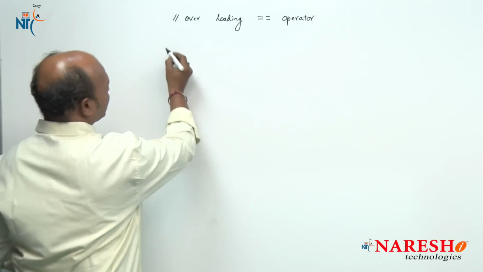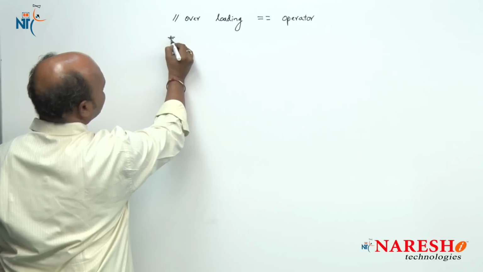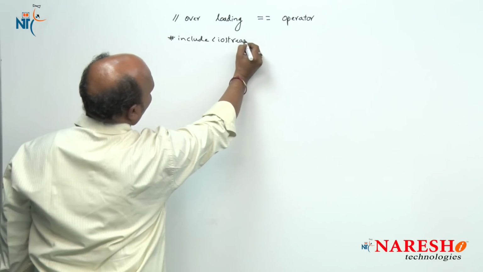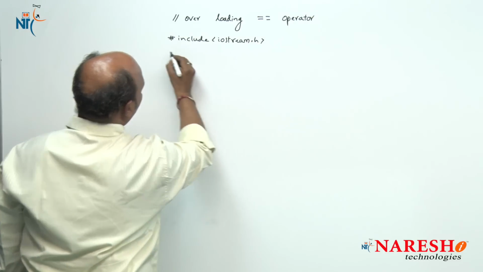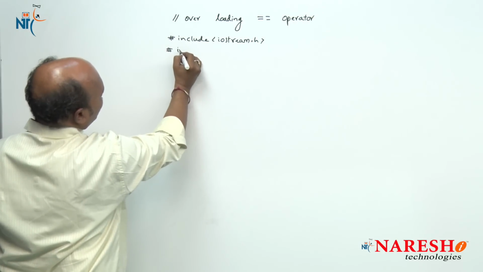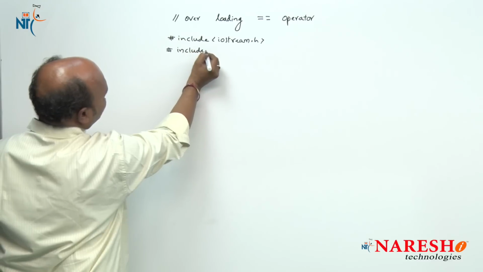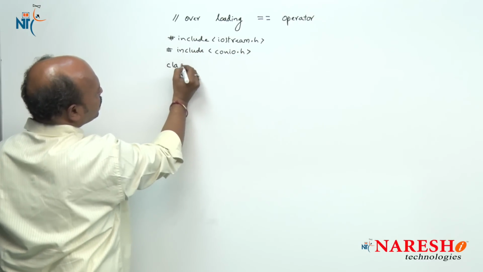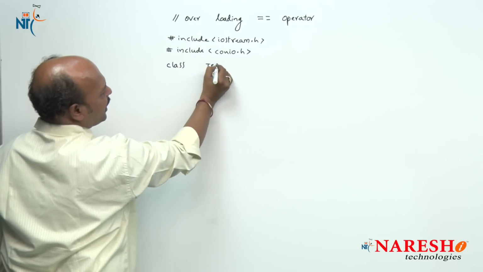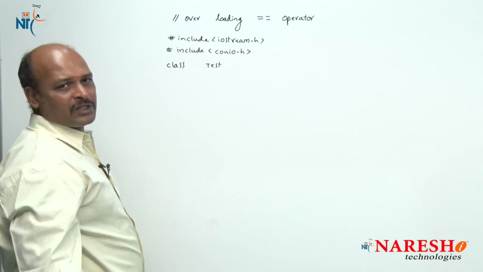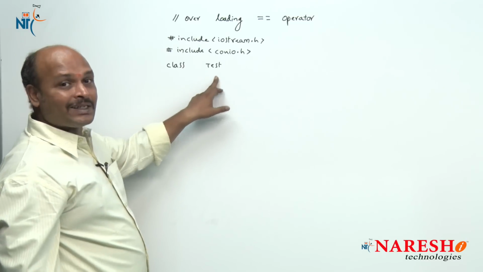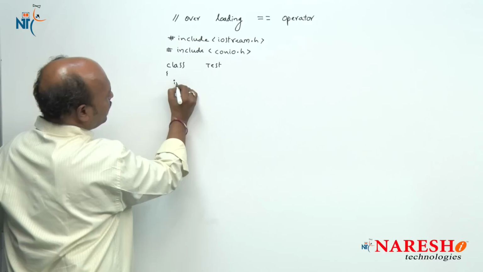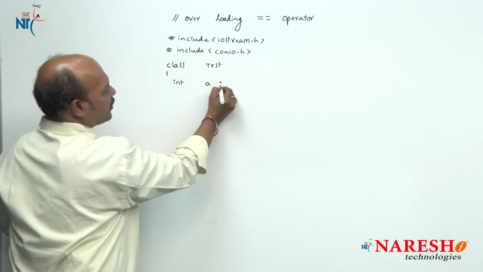Okay, first of all the common header files: hash include iostream.h, as usual, and hash include conio.h. Next I am going to start a class, for example class test, since some example is required. Here int a, only one data member.